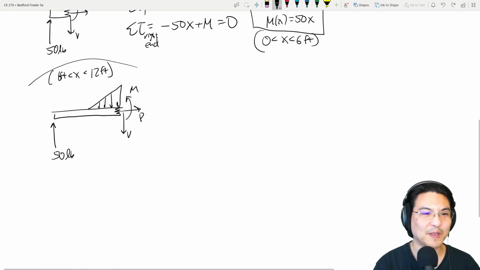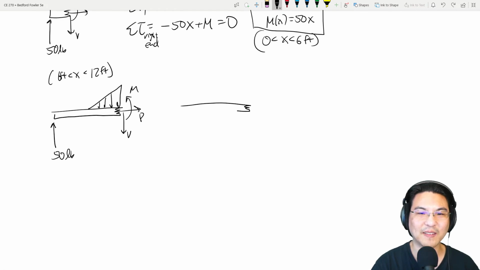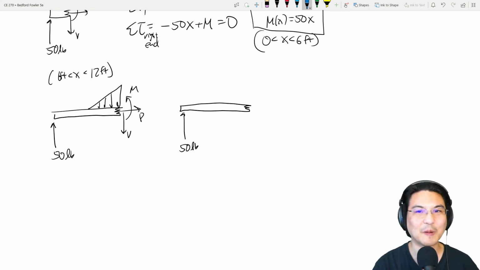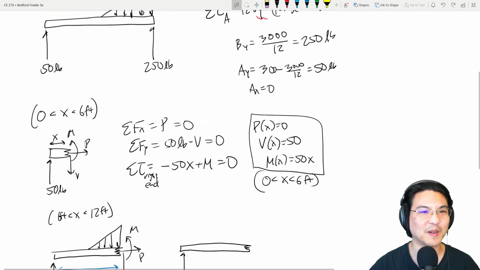Okay, so now that we have this free body diagram, we can now represent it as a single discrete force at, let me label more of the dimensions here. Okay, so here to here is x, right? Because we cut it over here at x. Let me look at the picture.